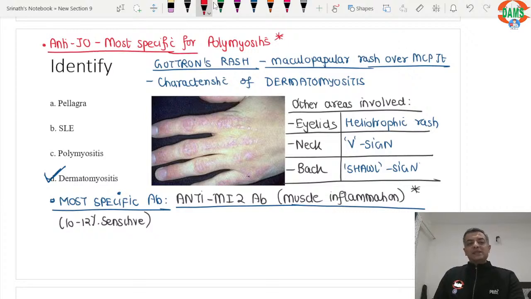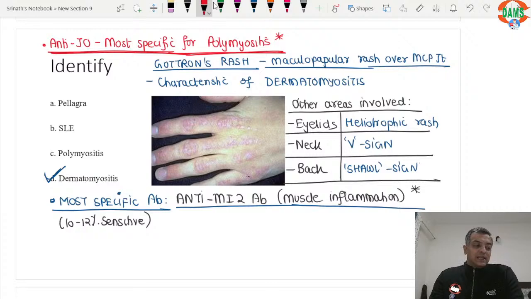It may be present in dermatomyositis also, but the most specific for dermatomyositis today is the anti-Mi2, muscle inflammation 2. New antibody, remember this for now. Anti-Jo is more specific for polymyositis, but in dermatomyositis also, anti-Jo can be there.